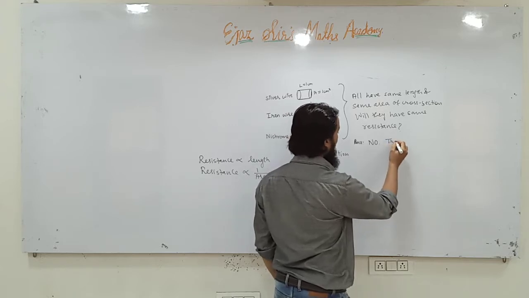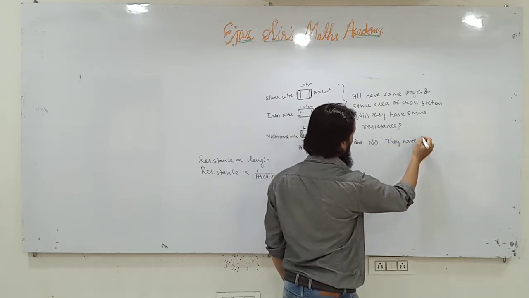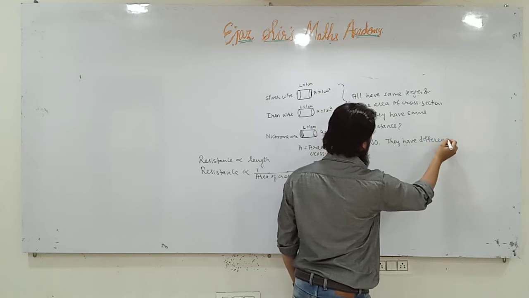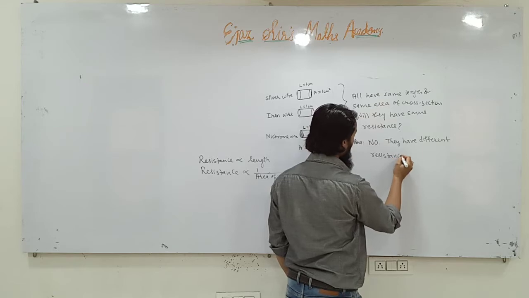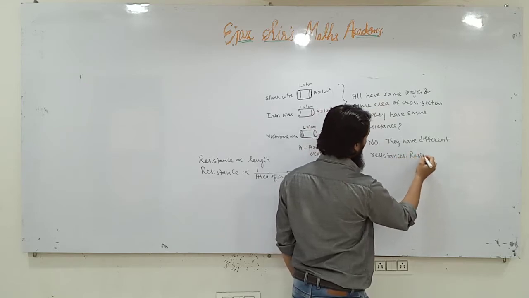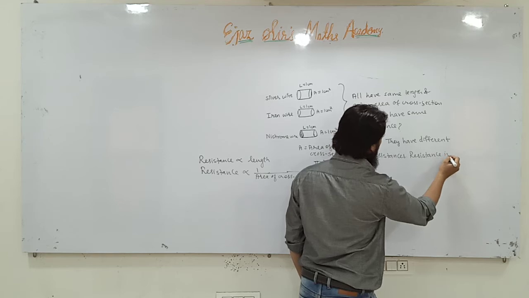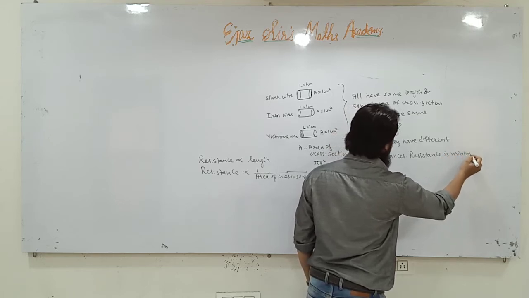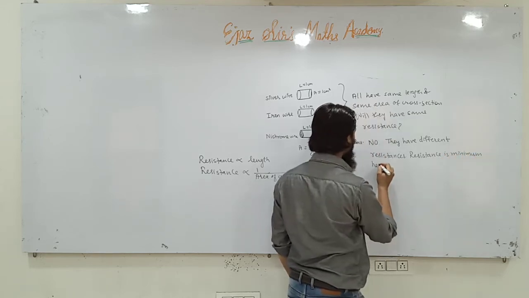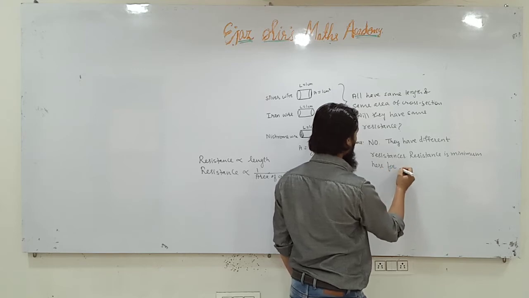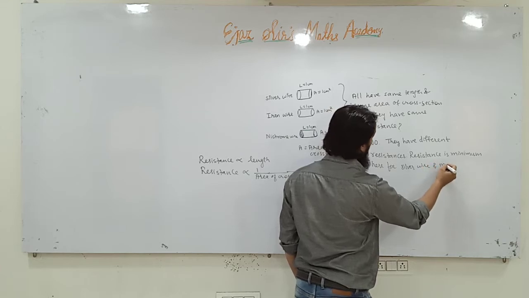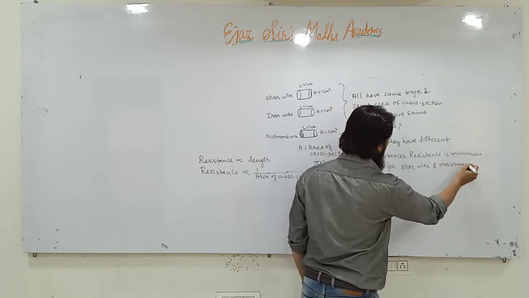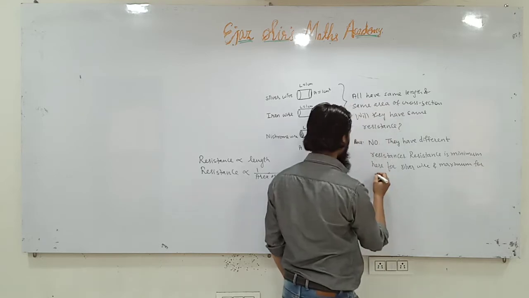They have different resistances. Resistance is minimum here for silver wire and maximum for nichrome wire.